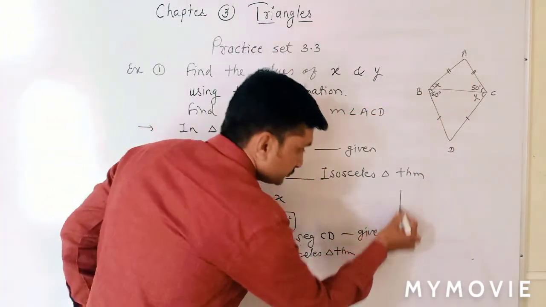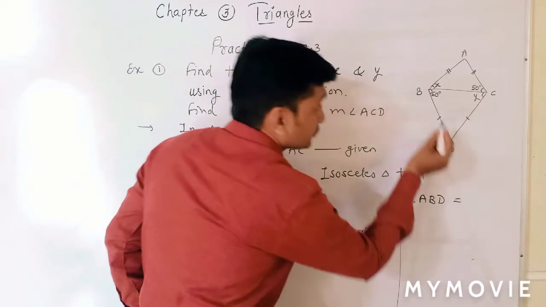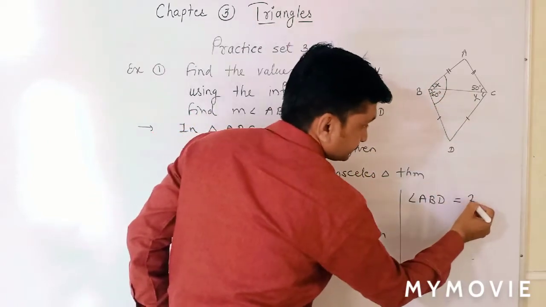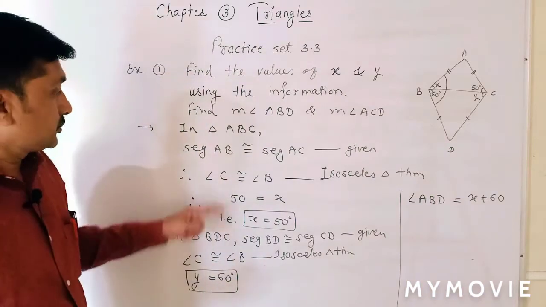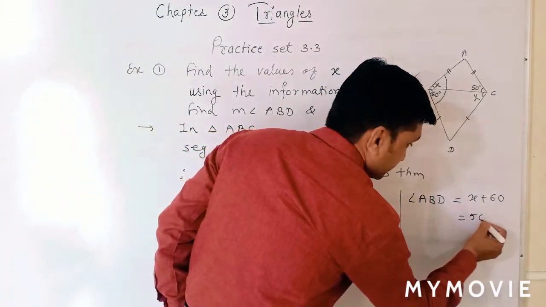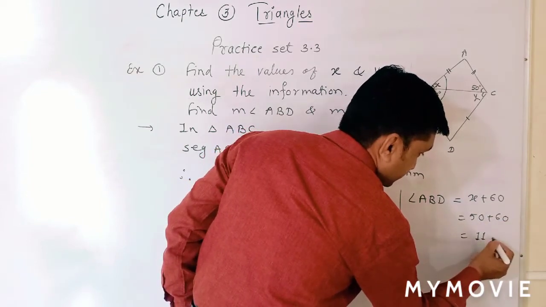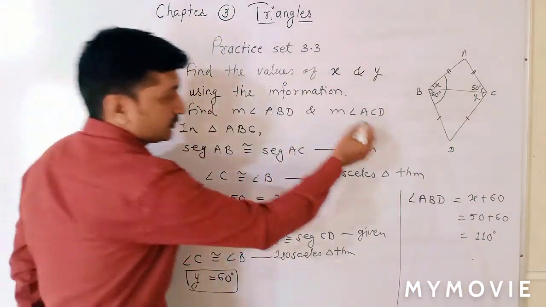Now I continue. Angle ABD is obtained by adding these two, x plus 60, and x we got as 50. So 50 plus 60 is 110 degrees, angle ABD.